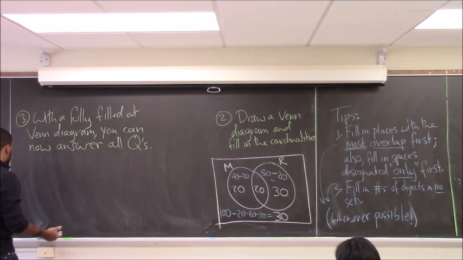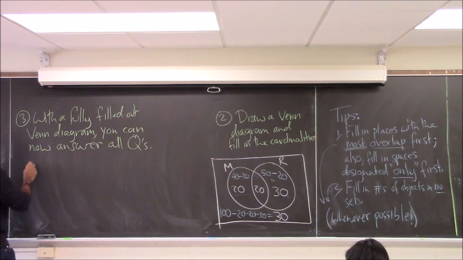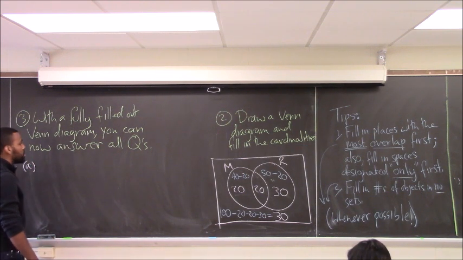Usually I'll ask several questions here. So here I have a part A and a part B. But once you actually fill out the Venn diagram, answering the questions should be pretty quick. You should take a few seconds for each of these.